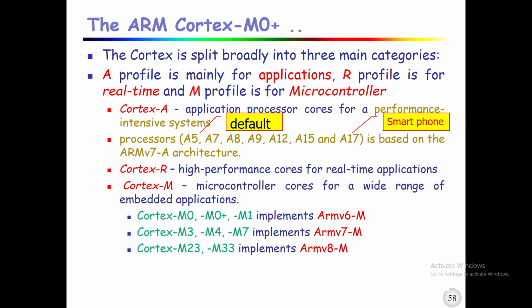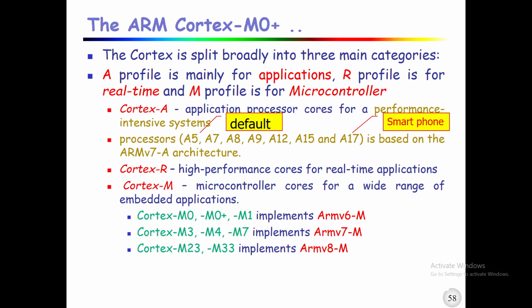The application processor caters to performance intensive systems. So if you require application intensive or performance intensive systems, we will prefer Cortex A. There are different processors ranging from A5 to A17, which are based on the ARM version 7 A architecture.